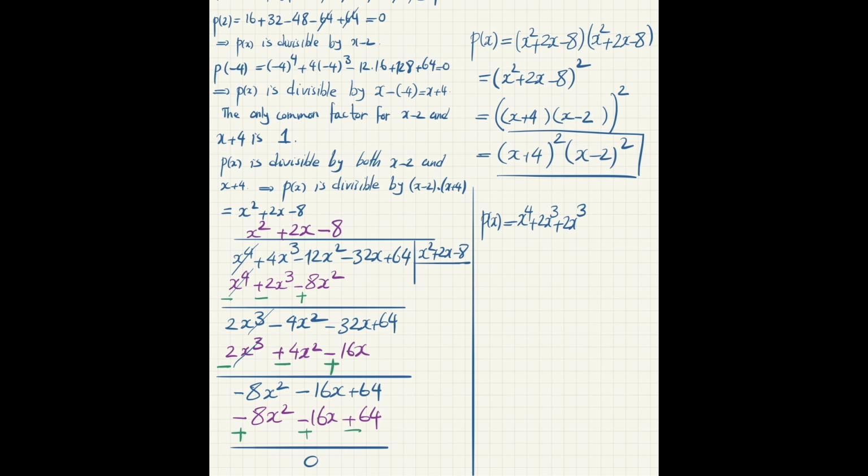Yes. And then I go to minus 12x squared, which is the next term, which is minus 8x squared minus 4x squared. Yes. So it becomes minus 8. But minus 4x squared is minus 8x squared plus 4x squared again. So I would write it as minus 8x squared.